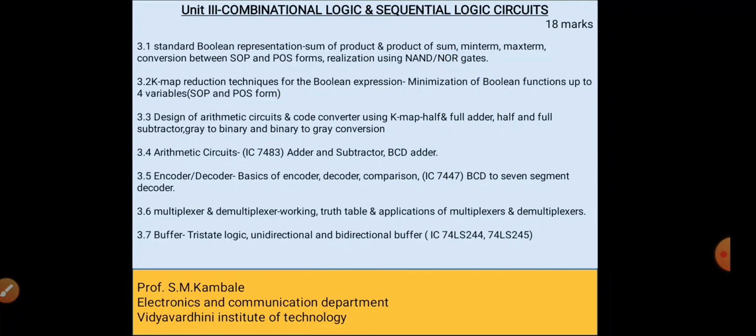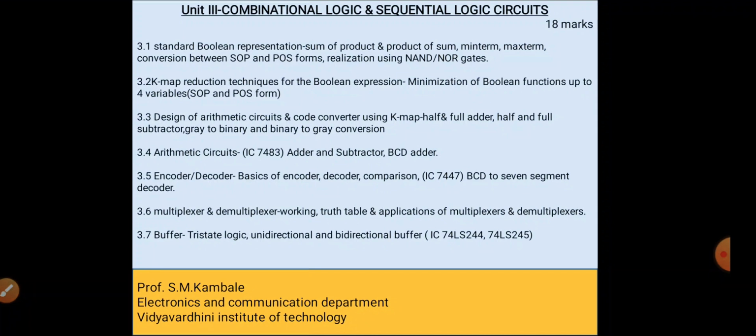Now looking to the next subtopic, there is multiplexer and demultiplexer. A multiplexer is a combinational circuit which selects one output from n data inputs. That means a multiplexer is a circuit which has many inputs but only a single output, with some select lines.